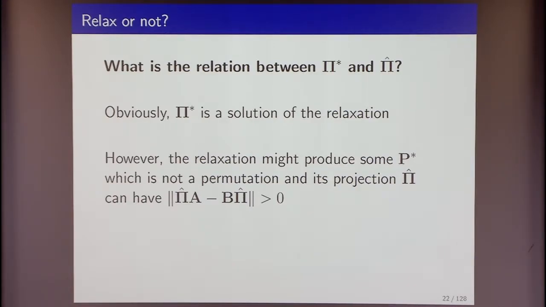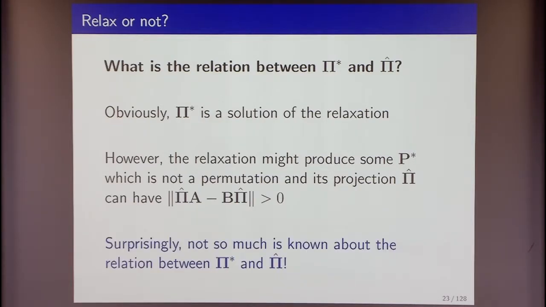And here I must admit, I must express my frustration. I asked many people, some who are supposed to be experts in graph theory. Probably I asked the wrong people, and they were not able to tell me much about what I can guarantee, what relations can be guaranteed between the solution of the relaxation and the true isomorphism.